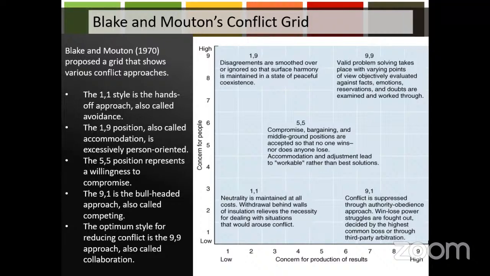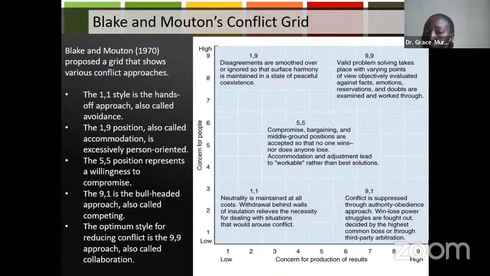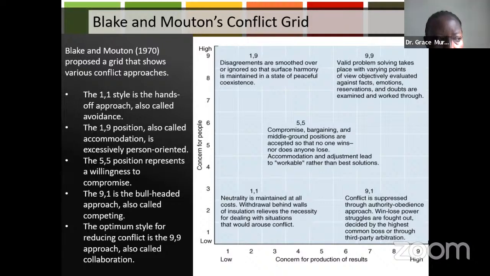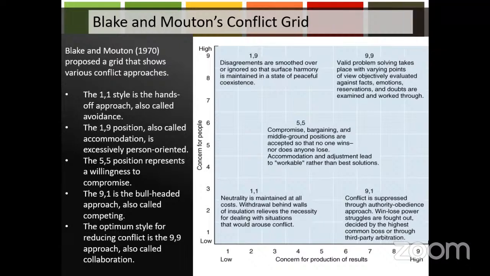Or are you more focused on production and ignoring the people factor, in which case you would be more toward the bottom of that scale? The balance is focusing on both the people and the production. But in reality, organizations fit somewhere in one of those boxes.